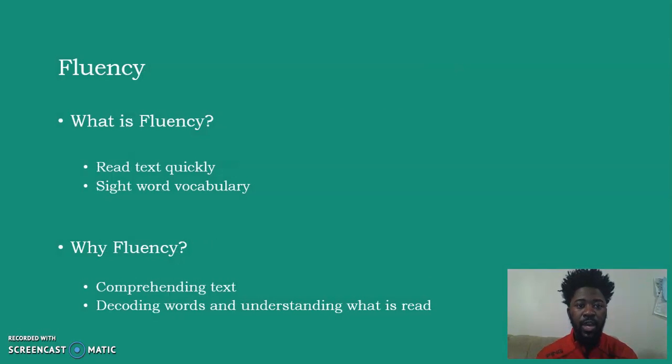Here we have fluency. It's basically what it sounds like. Fluency is determined by the size of their sight vocabulary. As students become more fluent, they're actually able to interact with the text at a higher level.